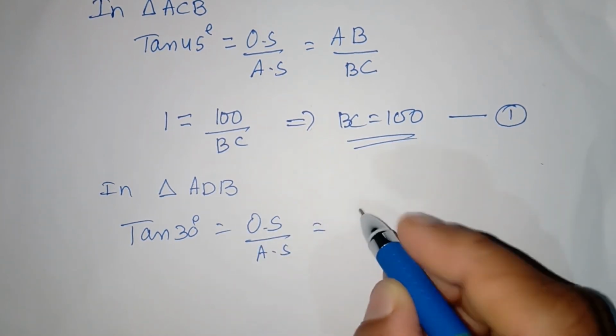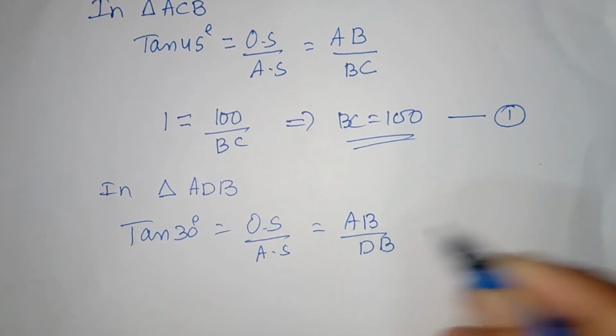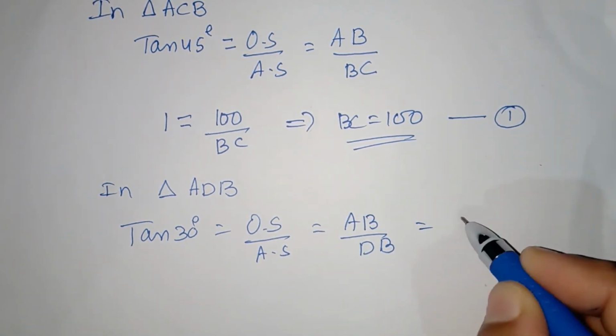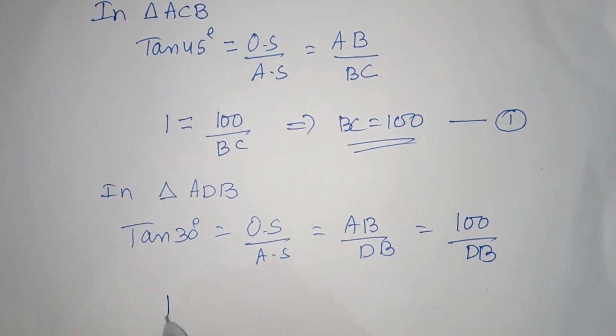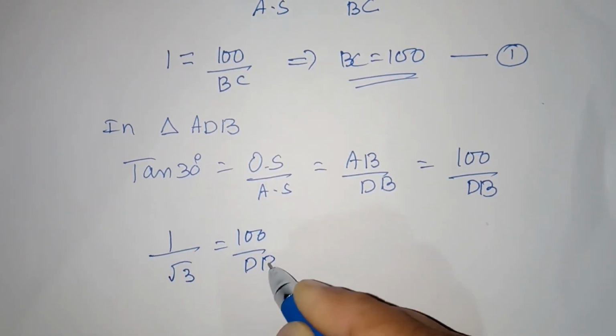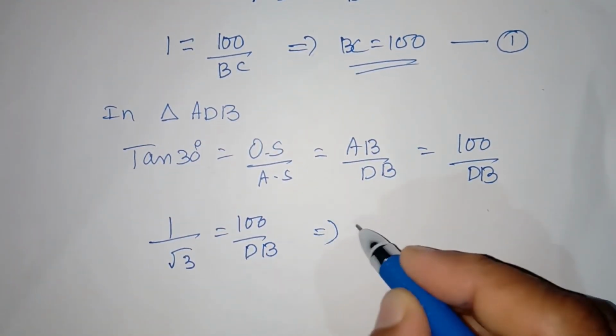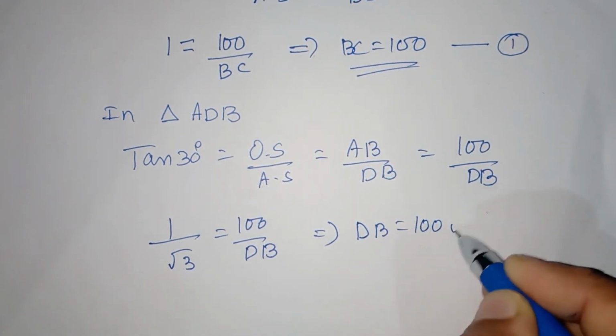Opposite side is AB, adjacent side is DB. AB is 100. You know tan 30 is 1 by root 3, equals 100 by DB. Cross multiplication gives DB equals 100 into root 3.